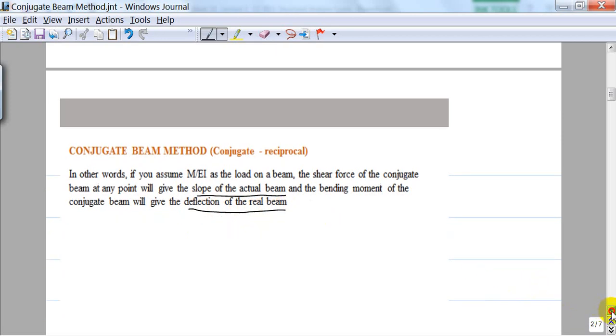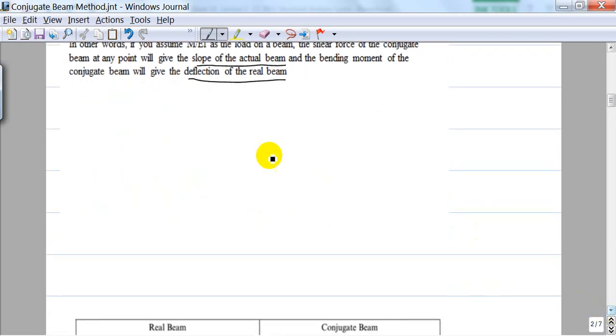Before I move into the next section, let's take a beam with a uniformly distributed load. So this is, say, 6 kilonewton per meter.